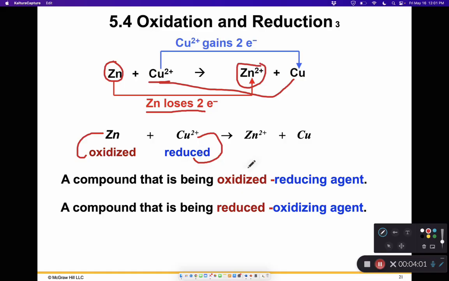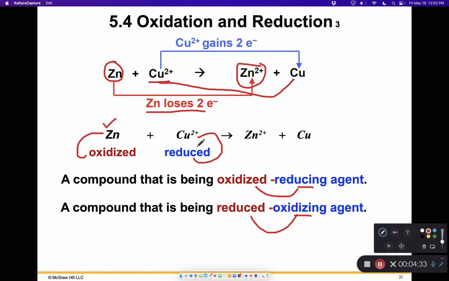Similarly, we have two more vocabulary terms here. A compound that is being oxidized always becomes a reducing agent. In this case, zinc is the reducing agent. A compound that is being reduced, or that undergoes reduction, is an oxidizing agent, because this compound brings oxidation to another partner.